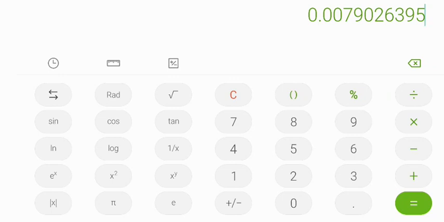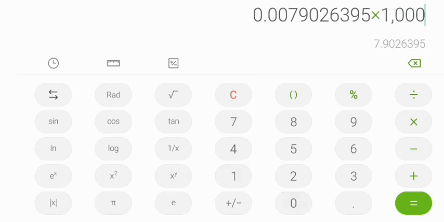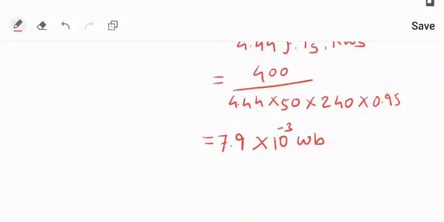When you convert it to the form of 10 raised to minus 3, you just multiply by 1000, so you can write 7.90 into 10 raised to minus 3 Weber. Do you understand how it comes? So the value we got is 7.9 into 10 raised to minus 3 Weber. Then we are interested in finding the area per pole.